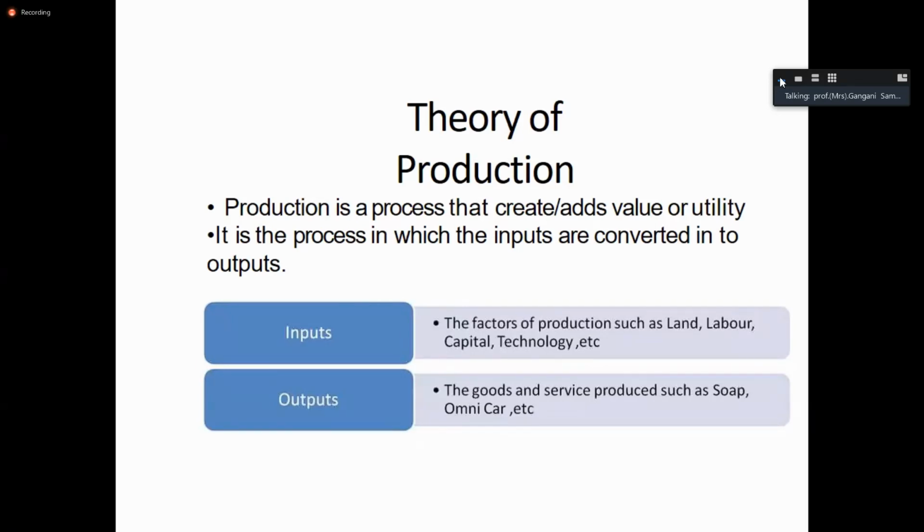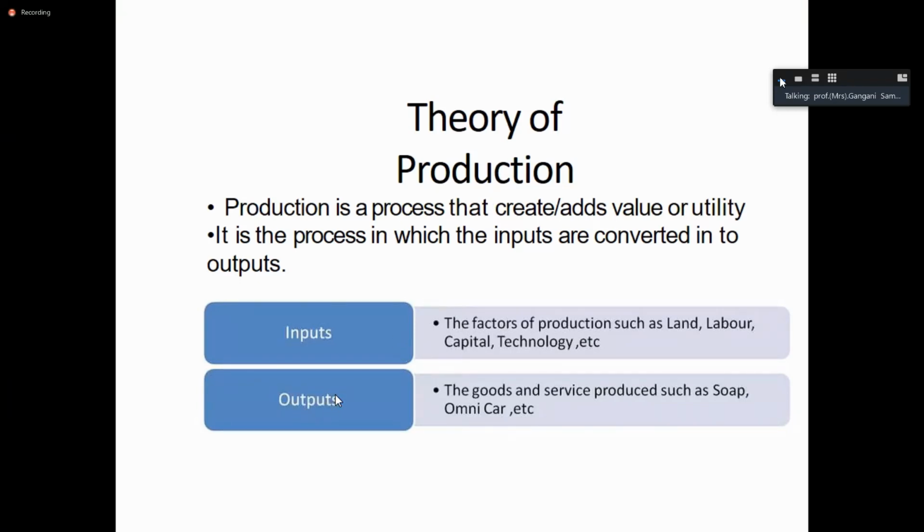You are putting seeds and fertilizer as inputs and getting brinjal as the output. Likewise, anything you can use as inputs. Basically, we need land, then labor, then we need all other inputs. Let's say capital also, you need machinery, money, and technology, of course. So these are all inputs we use to take the output, that is the production.